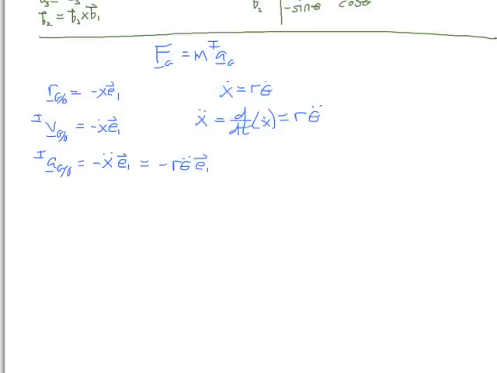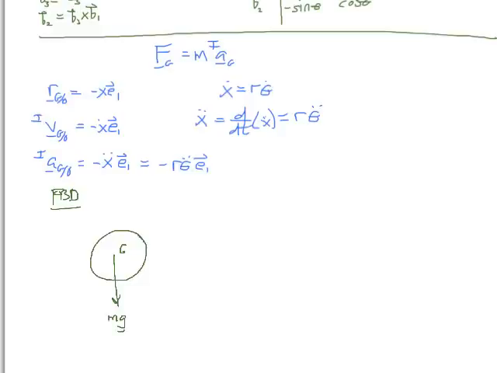So for the left hand side we need to find all the forces that are acting on the body, and so to do that we draw a free body diagram of our disk and apply all the forces that are on the disk. So there's our point G, and we have three forces that are applied here. We have the force due to gravity, which we'll call the vector mg.